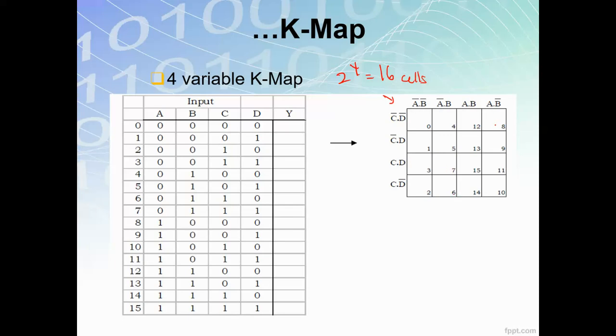The 8 will be at the fourth column, followed by 9, and 10 will be at the fourth row, and 11 will be at the third row, followed by 12 at the third column, 13, and followed by 14 at the fourth row and 15 at the third row. So you have to be careful when you label the cells. If you label a cell wrongly, there is a possibility you will have a wrong answer. So be careful of the labels of the columns and rows and also the labels of the cells. The ordering numbers are important and must be correct, otherwise you will be wrong.